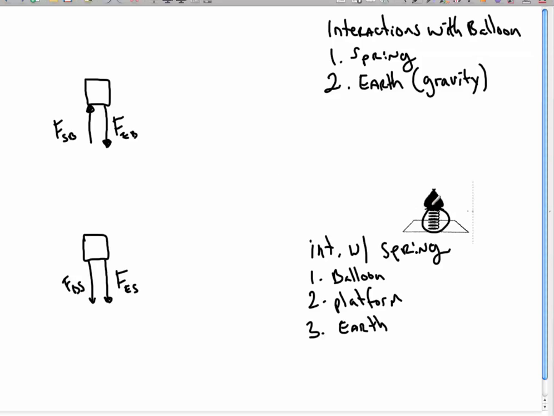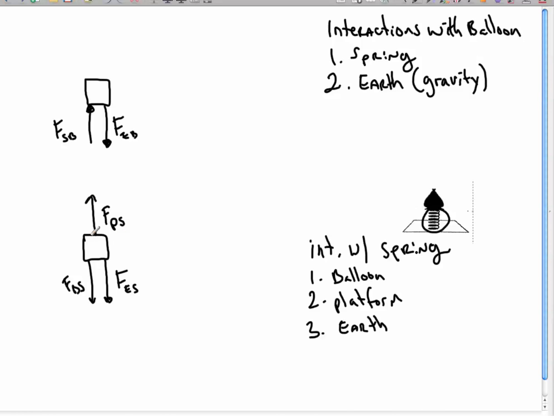The balloon pushes downward on the spring. Or another way to say that is that interaction between the balloon and the spring, that interaction is exerted downward on the spring. Lastly, we have the platform, and the platform pushes up on the spring. Force platform on spring.